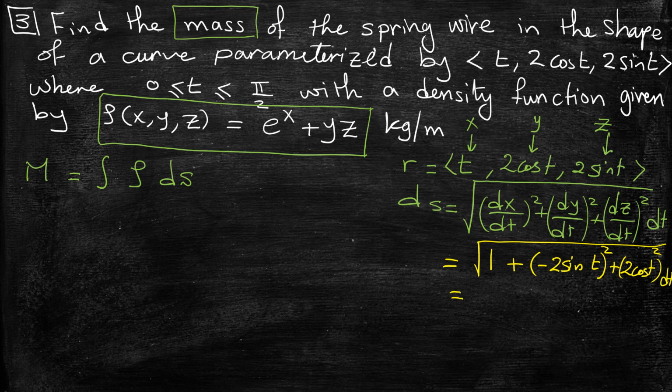So we will have here 4 sine squared plus 4 cosine squared. Taking 4 common, it will be 4 times sine squared plus cosine squared, which is 1. And we have 1 outside, so this will be root 5 dt. So this is our ds.